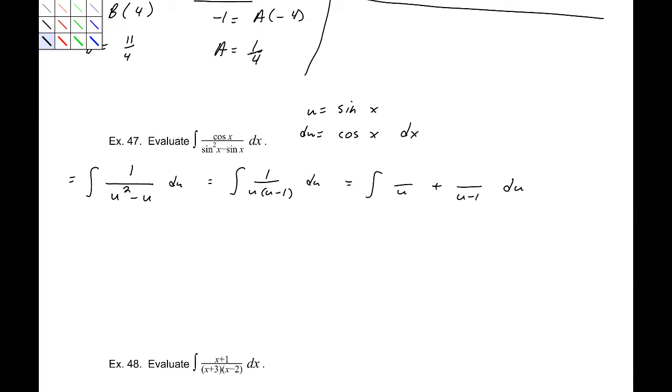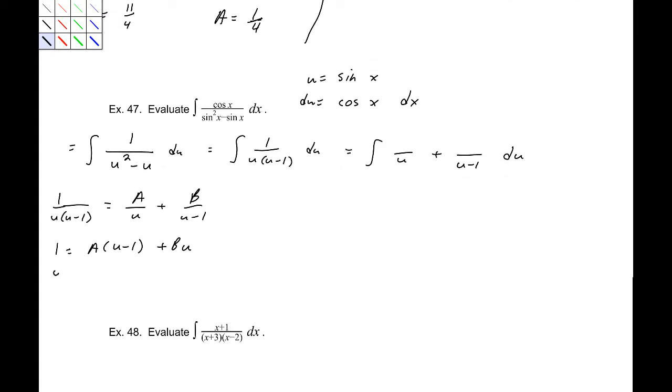So we have 1 over u times u minus 1 equals a over u plus b over u minus 1. Clearing those fractions, we get a times u minus 1 plus b times u. Now let's make a choice of u equals 0. If u equals 0, then we have 1 equals a times negative 1. So a is negative 1. So put that right in there.